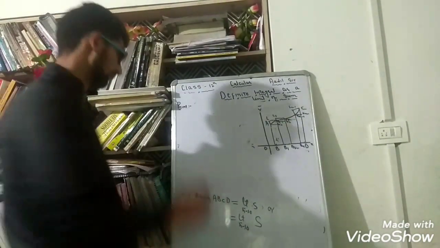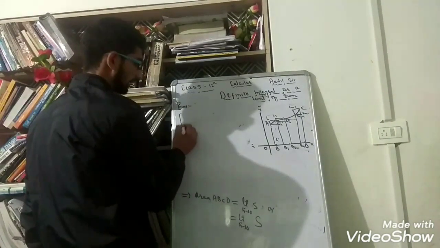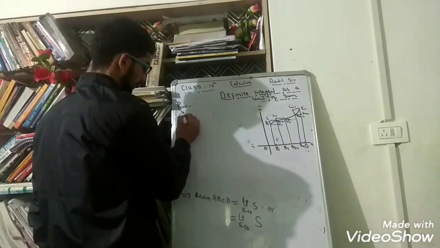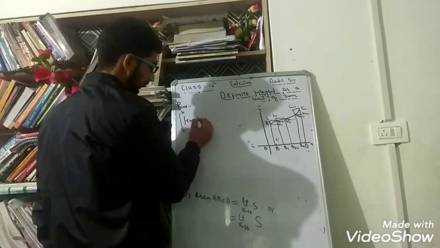But what is that equal to? That is, by the area term, the integral from a to b of f of x. This we know is equal to this.